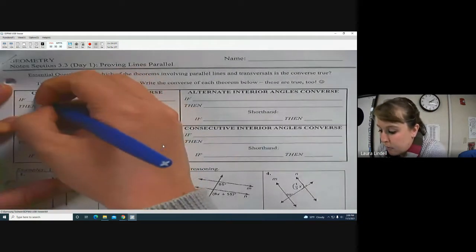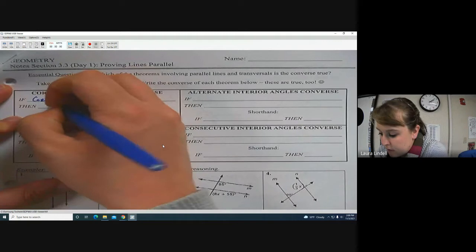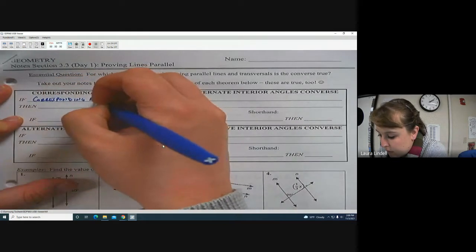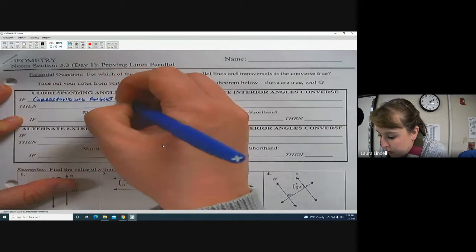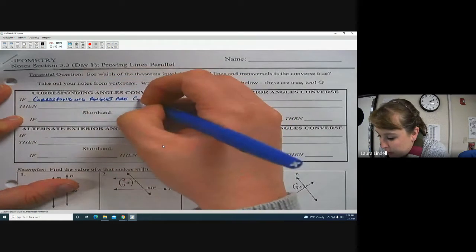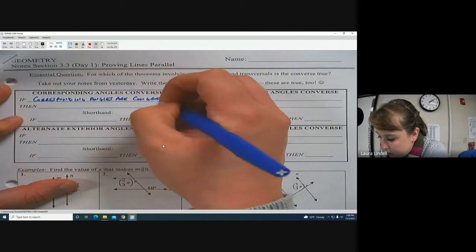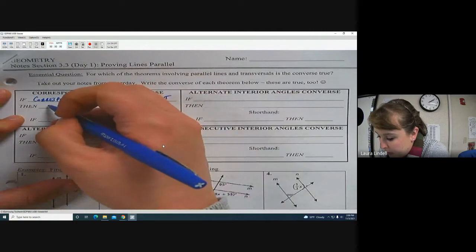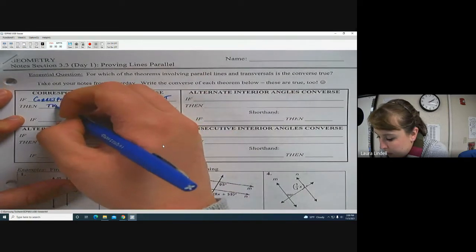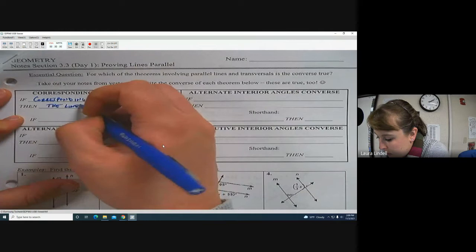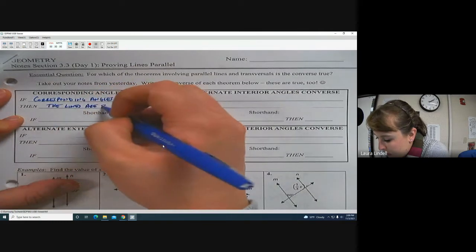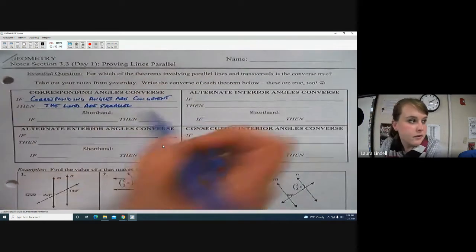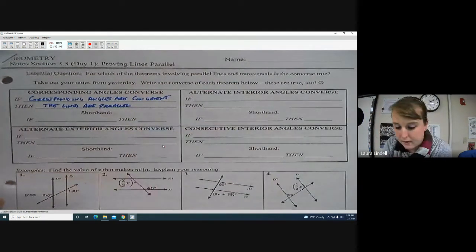If corresponding angles are congruent, then the lines are parallel. So if corresponding angles are congruent, then the lines are parallel.